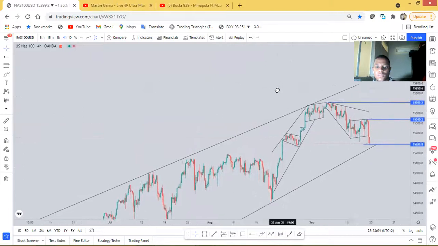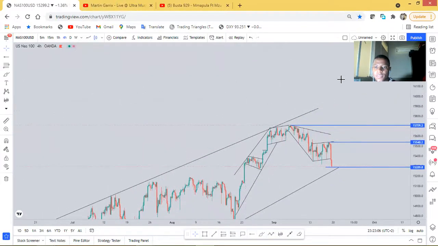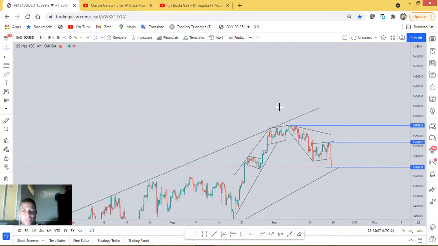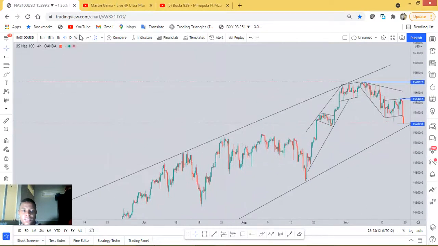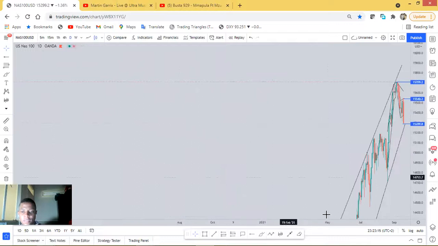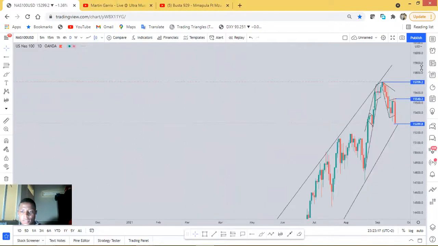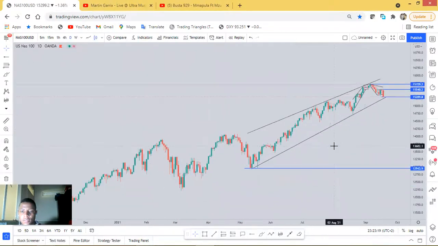Okay, so this is the analysis I have on Nasdaq. Go to the daily time frame. As you can see on the daily time frame, this is the analysis that we had last week.